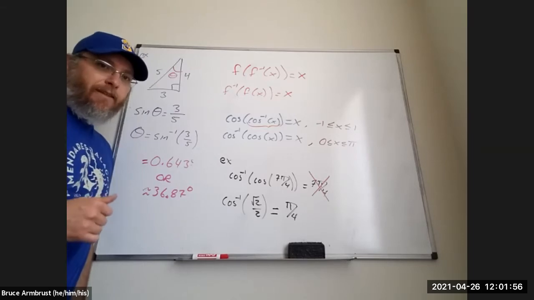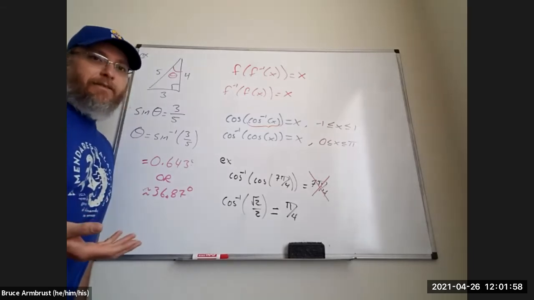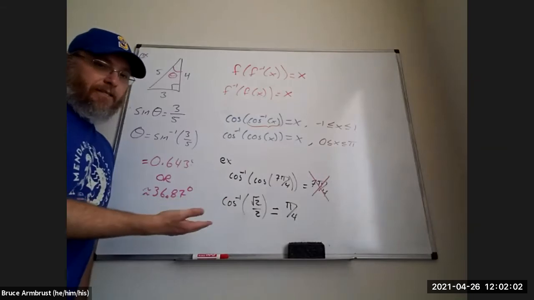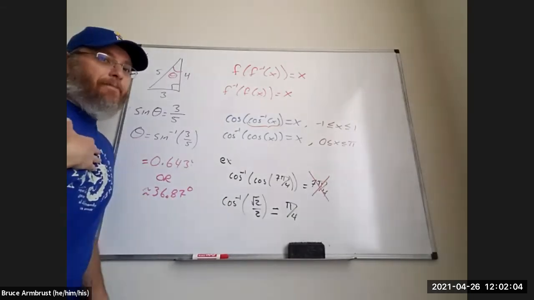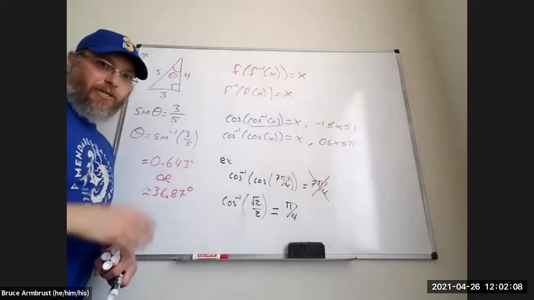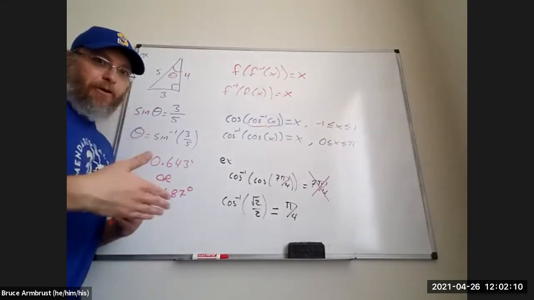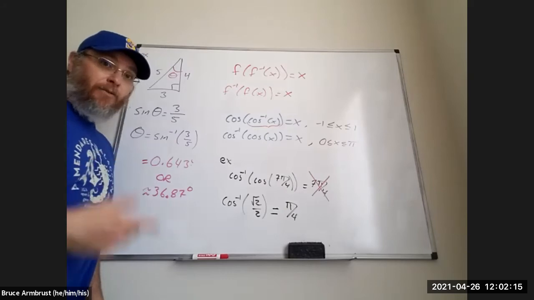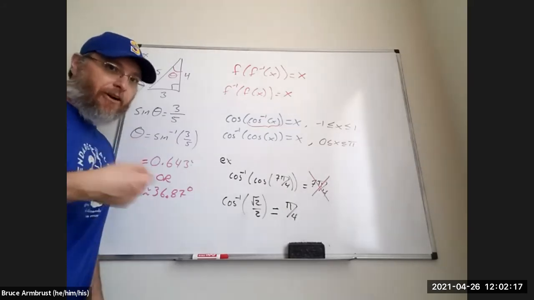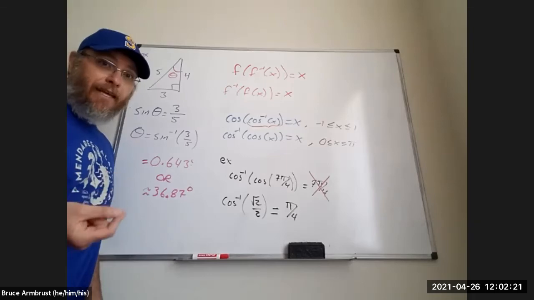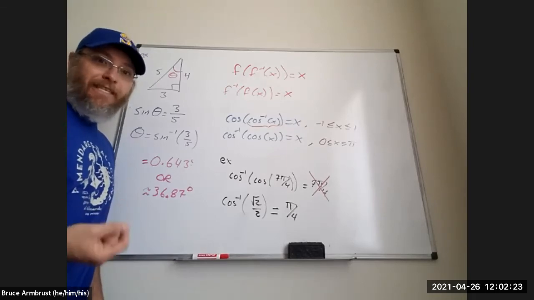Every time you do that, though, there are consequences. And this is one of those consequences. When you make a restriction like that, where you say, I'm going to look only between these two angles, the consequence is that later you're going to have to think. You're going to have to think in circumstances where before you didn't have to.